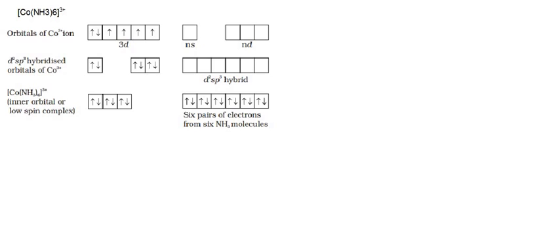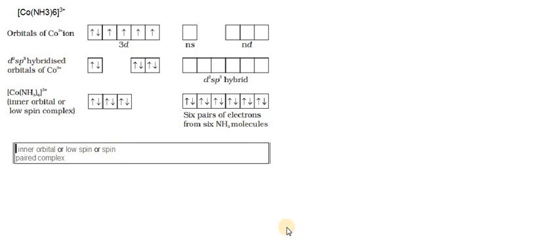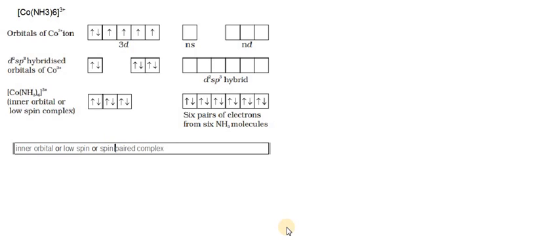So we are going to call this kind of complexes inner orbital complex or low spin complex or spin paired complex. So you can expect a question on what all these kinds of complexes are termed as.